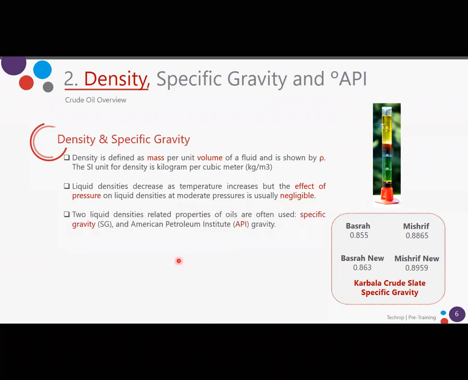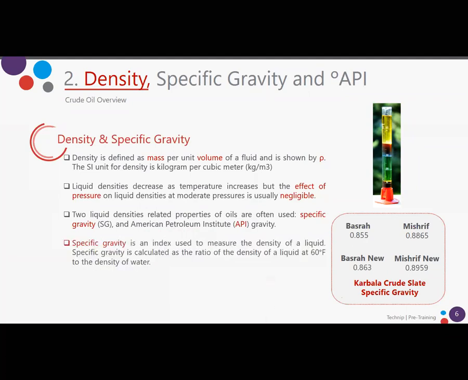Two liquid-density-related properties of oils are often used: the specific gravity and the API gravity. What is the specific gravity? It is an index used to measure the density of a liquid, calculated as a ratio. A ratio of what? Of the density of the liquid to the density of the water.